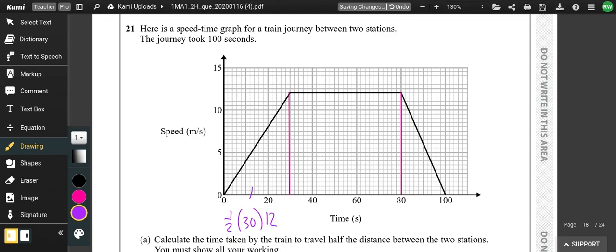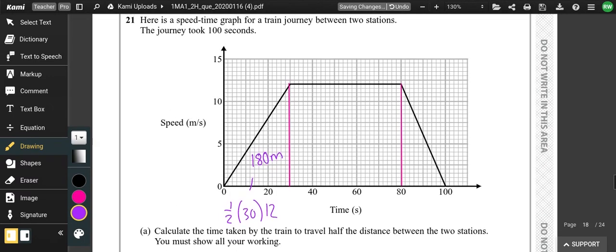So 6 times 30 is 180 meters. Is this meters per second? Yeah, meters. The last triangle, half 20 times 12, so that would be 120 there.